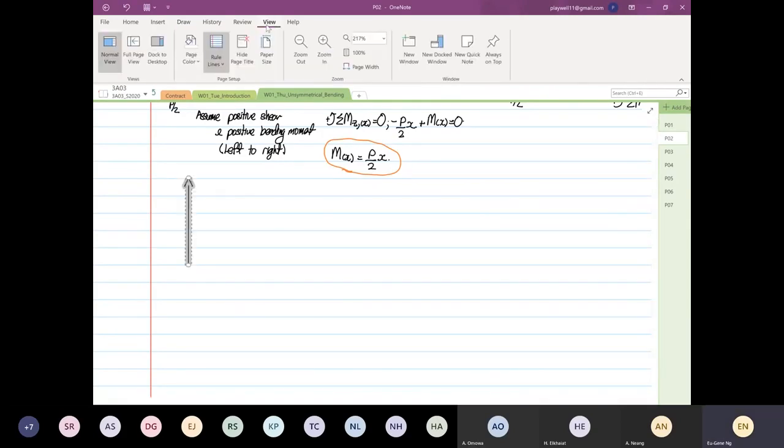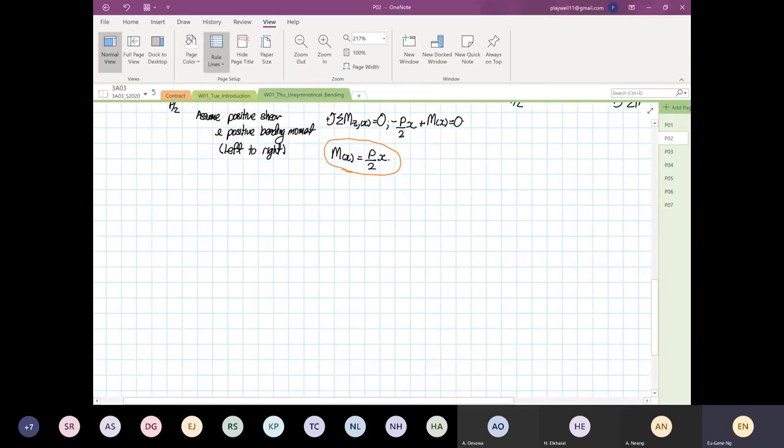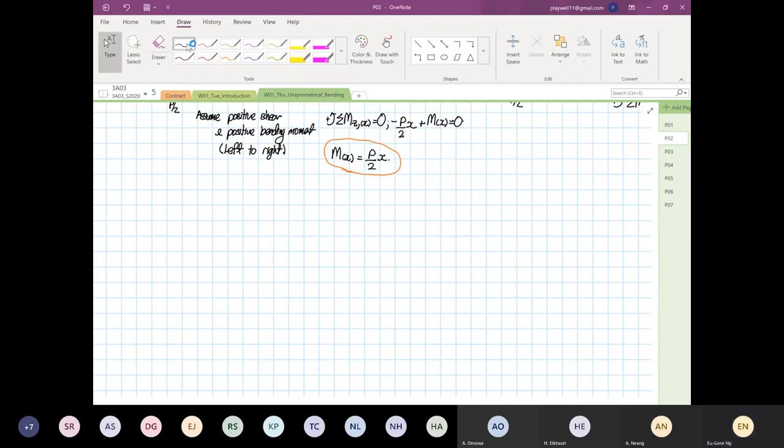So I'm going to change my paper now. If we were to do our shear force diagram, okay, I'm going to draw the full length.